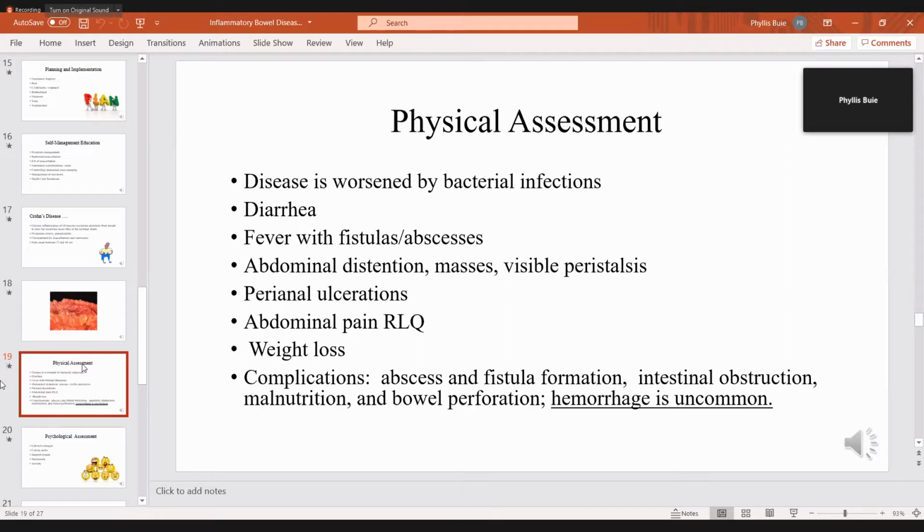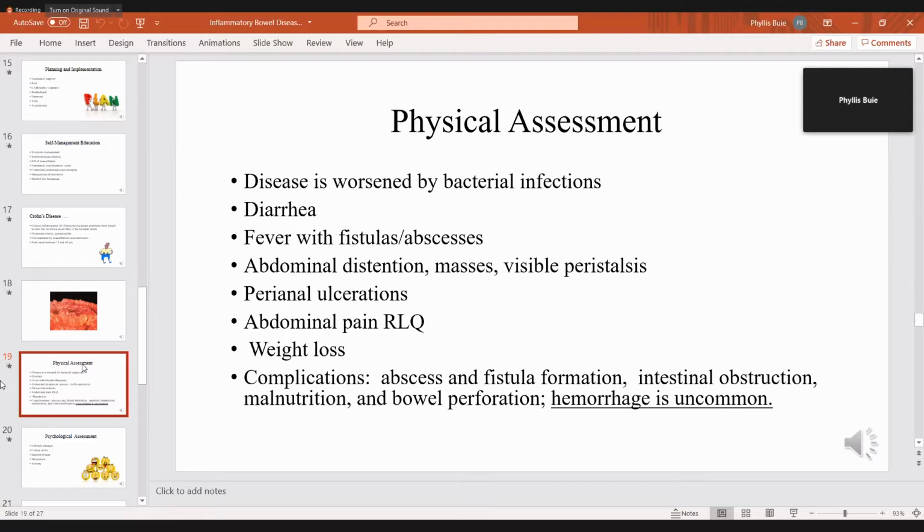So that's why they may have some perianal issues going on. Their abdominal sounds may actually be absent if they're having an exacerbation. Their abdomen's usually going to be very rigid. It's going to be extremely tender, and they're going to have muscle guarding there as well. Blood in their stools is not as common as it was in ulcerative colitis.